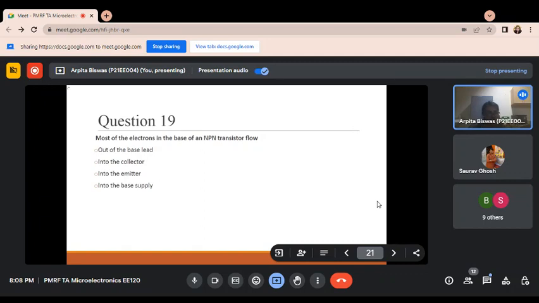As we are giving the reverse bias to the collector-base junction, the width of this junction is wider, so electrons from the collector face some issue moving to the base; they need more voltage. But the positive charge on the collector side attracts the electrons coming from the emitter through the base, so they can easily cross this junction and go into the collector.